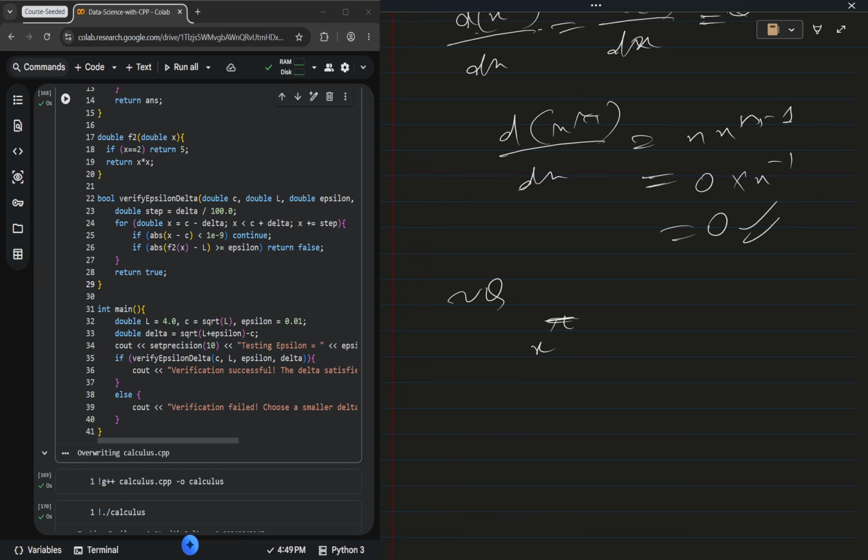If you remember this logarithm and exponential stuff, then you should remember that x to the power a can be written as e to the power a ln x, and obviously you know the constraints on x. You can't take x equals 0.